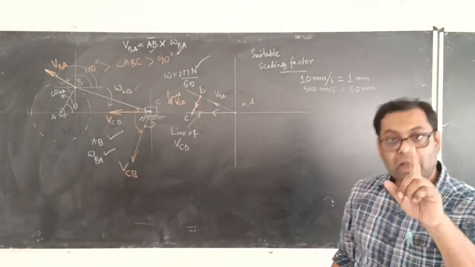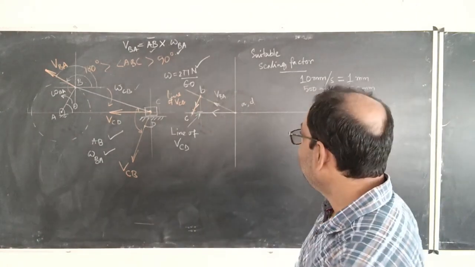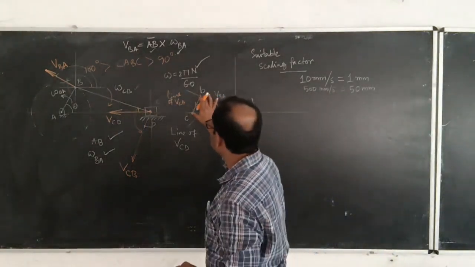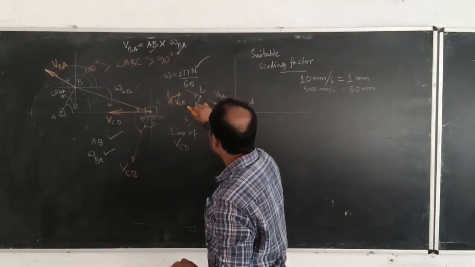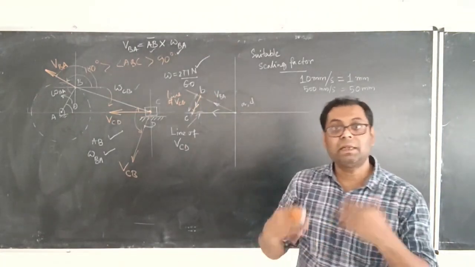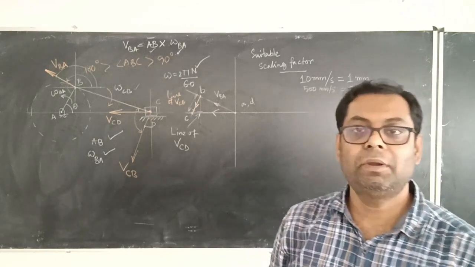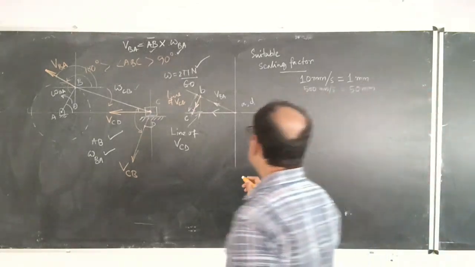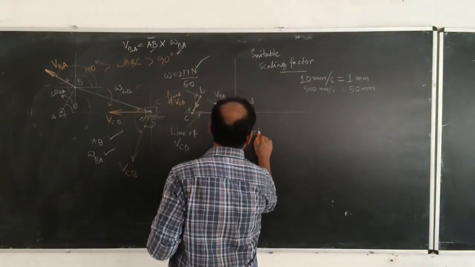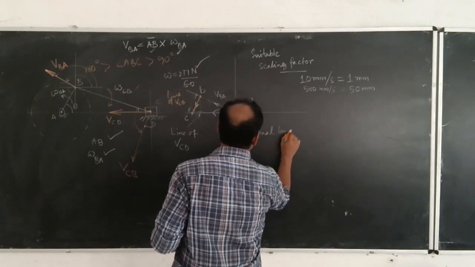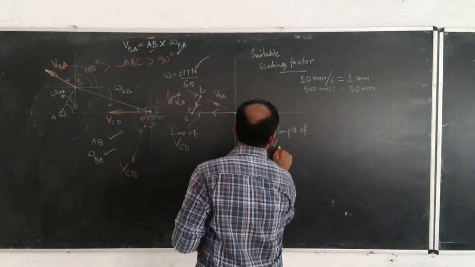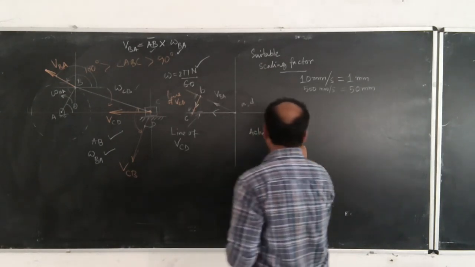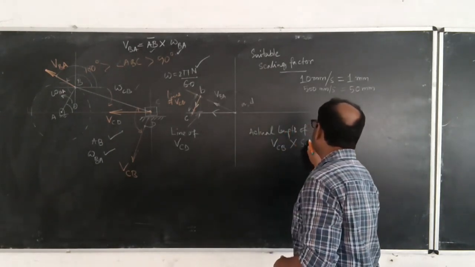Okay. Now what you have to do? Measure this length using a scale, that is, the length in the velocity diagram. Get the actual length of VCB and multiply it with the scaling factor.